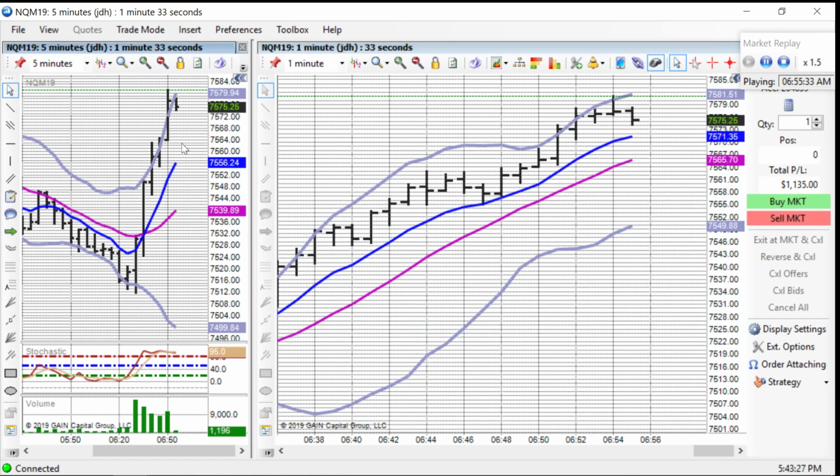And you can see it's probably a good point to get out here, because we've got a close outside the upper Bollinger Band on the 5-minute chart, and it looks like it's going to do a little bit of retracement down here, which would translate to a little bit of a trend reversal on the 1-minute chart, or sideways movement.